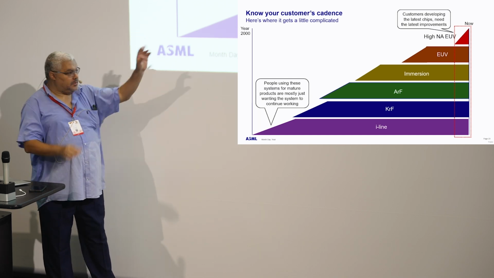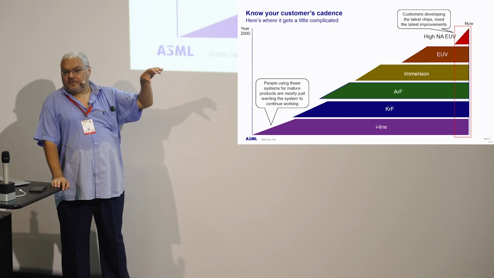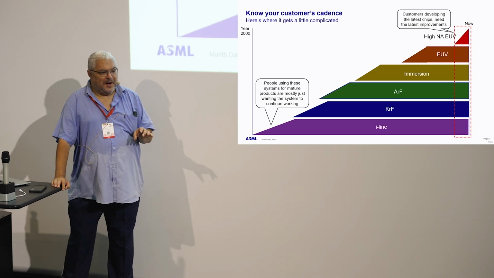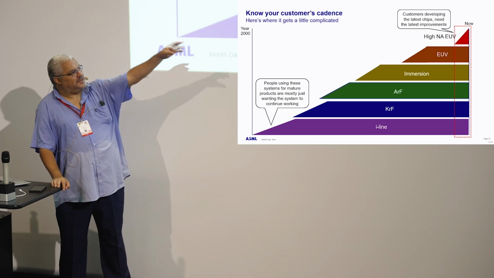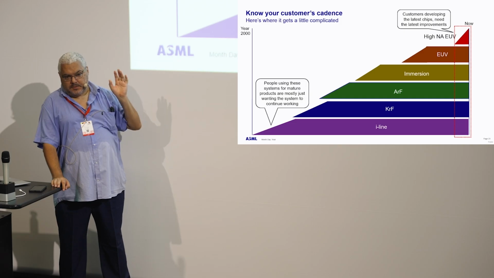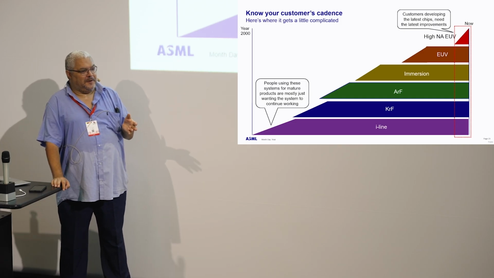They use the mixture because basically the tools at the bottom cannot do the fine-grained patterning, but they are cheap. Whereas the systems up at the top, the latest high-NA EUV system is over $300 million for a single tool.